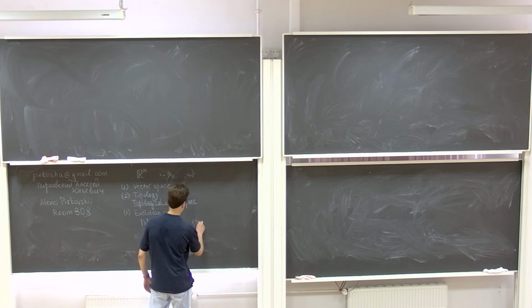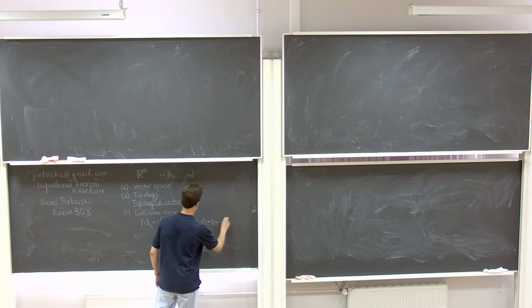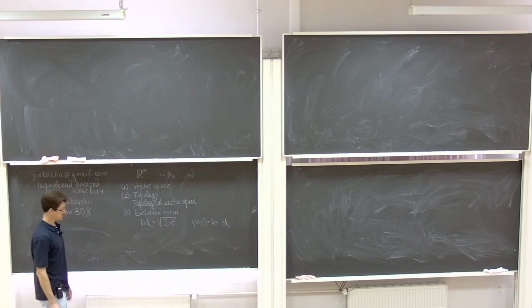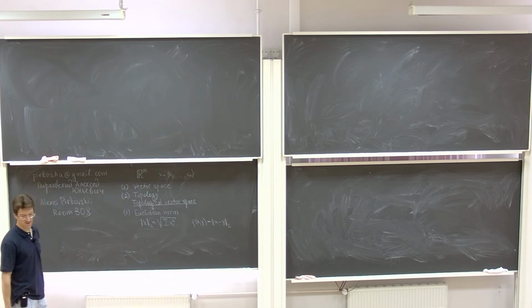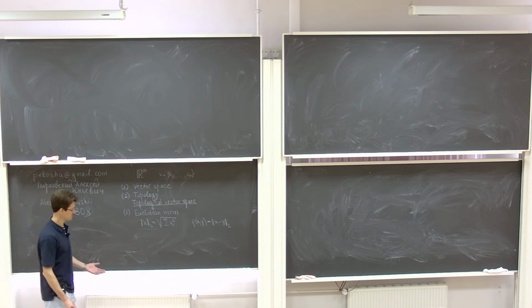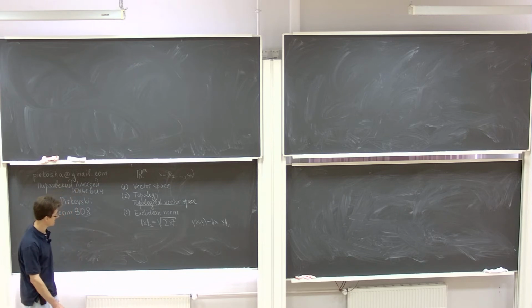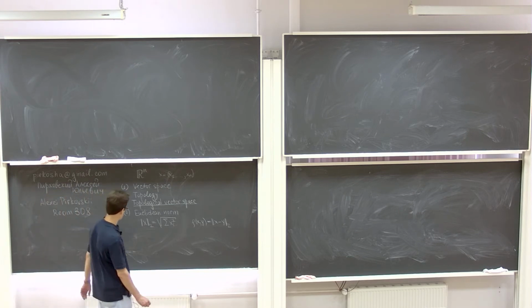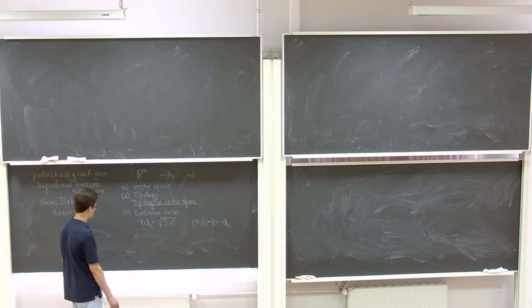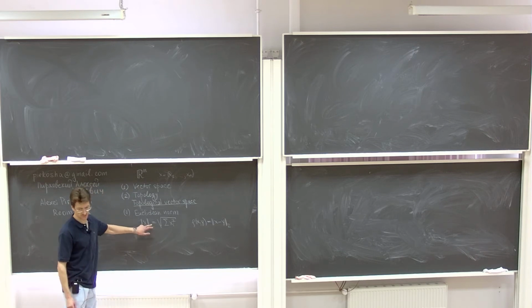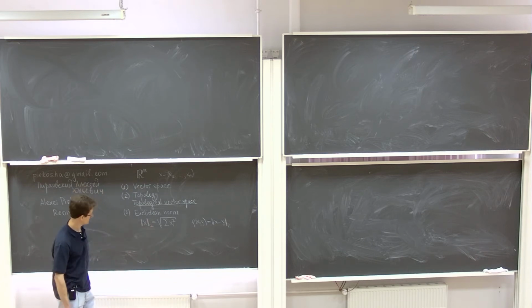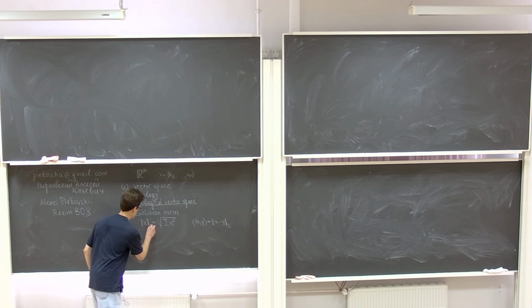The metric, the Euclidean metric, is given by the following formula. Since this is a metric, it determines a topology. And this is precisely the canonical topology on Rn. I will comment on the subscript 2 a bit later. So this is just a standard notation for the Euclidean norm.